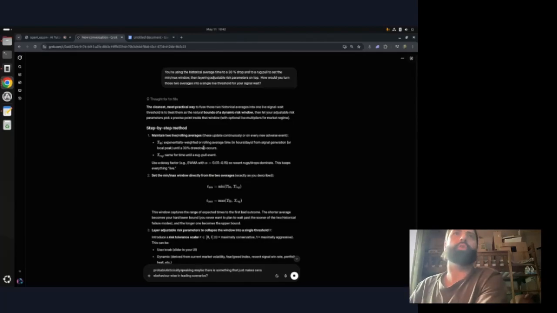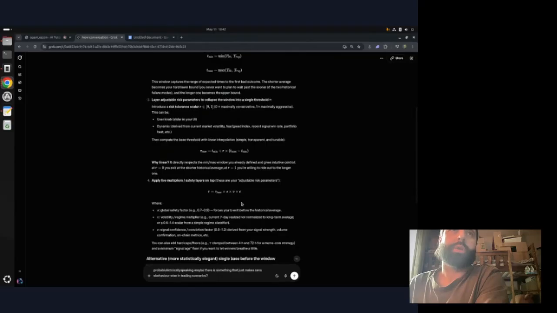Step by step, maintain 2 live rolling averages. These update continuously on every new adverse event: T30 and T-rug. Use a decay factor, so recent rug drops dominate. This keeps everything alive. That's nice, yeah. Actually, that's pretty smart. Set the min-max window directly from the 2 averages. I think that's pretty nice.